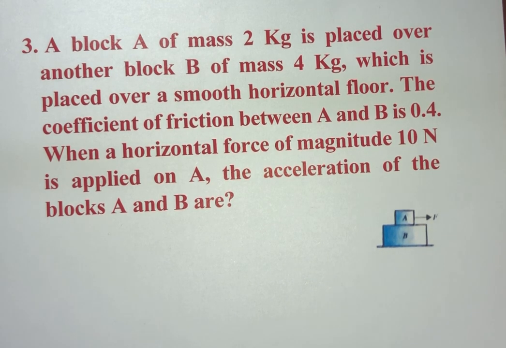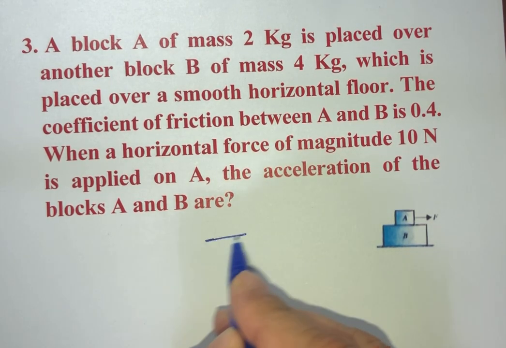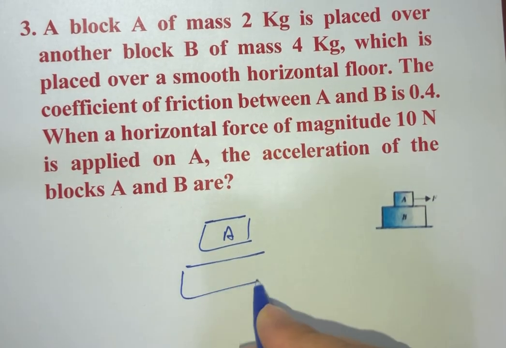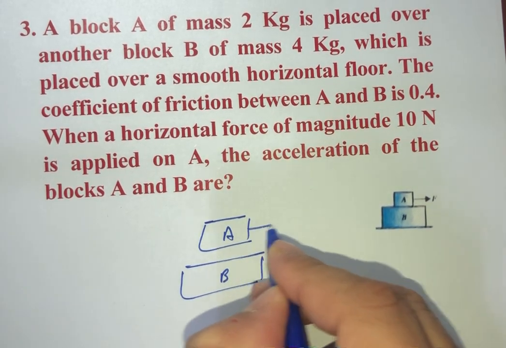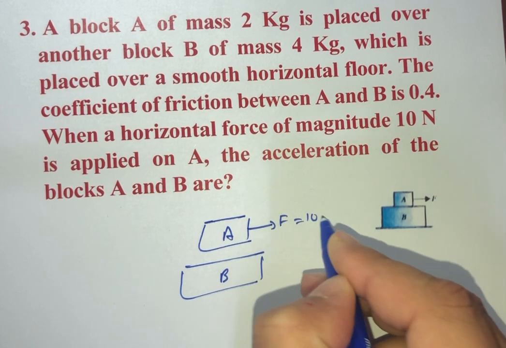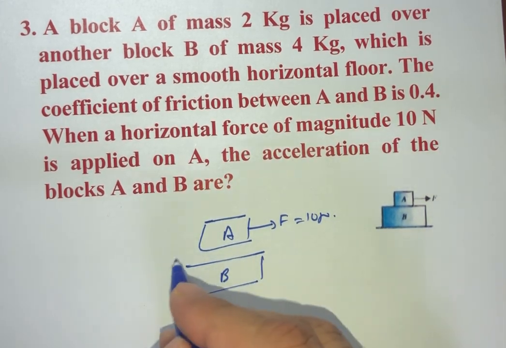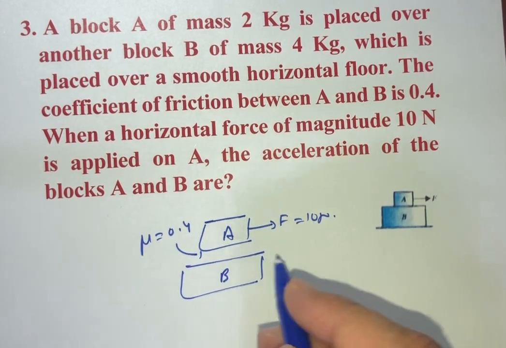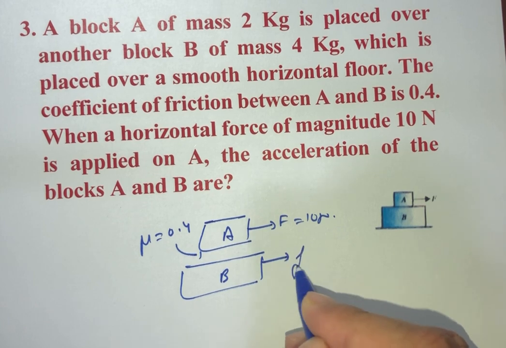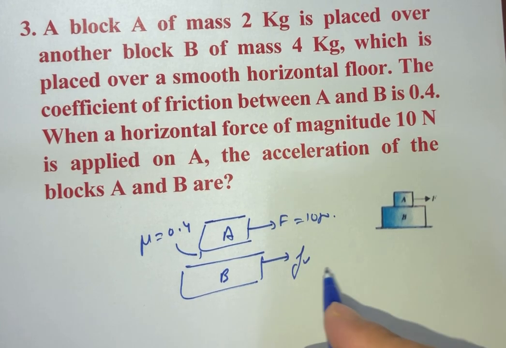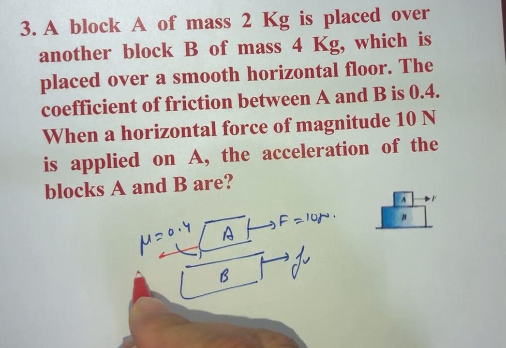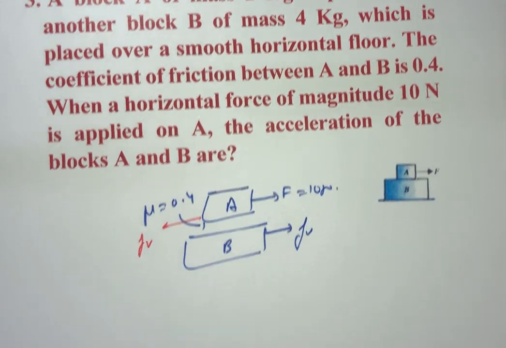So we can draw the figure. This is our A and this is our B. A force F, which is 10 newton, is being applied on it, and here coefficient mu is given as 0.4. So this will try moving in this direction with Fr, and an equal and opposite force will be acting on A, that is called Fr.